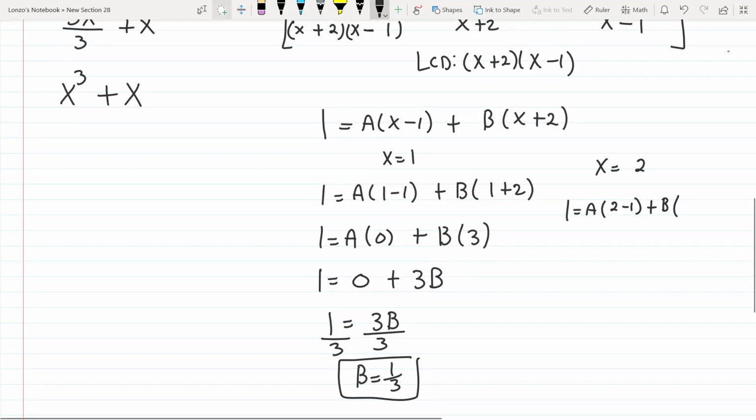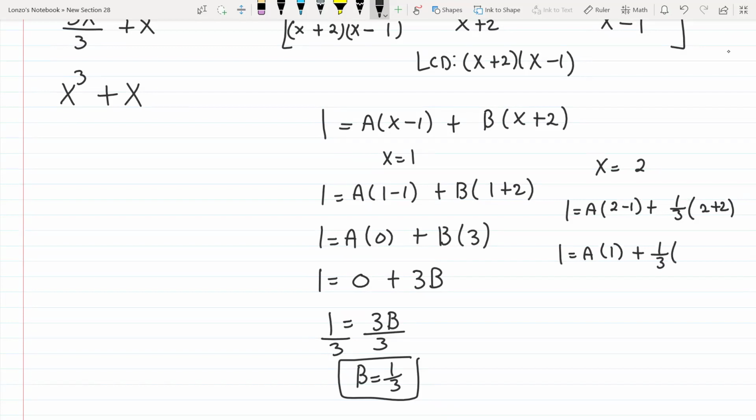We know our B value, so we can plug it in. My B value is 1/3. 2 minus 1 is 1. 2 plus 2 is 4. 1/3 times 4 is 4/3.